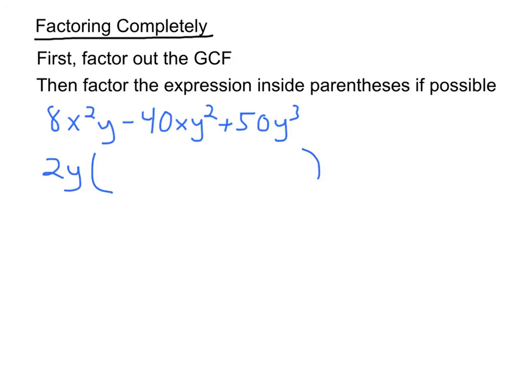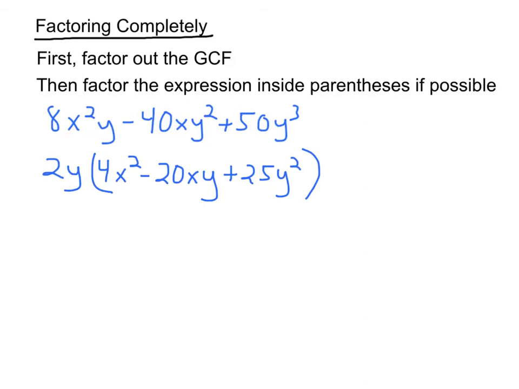And if we factor 2y out of this entire polynomial, we're going to be left with 4x squared for the first term, and then minus 20xy in the middle one, and then plus 25y squared for the third one.